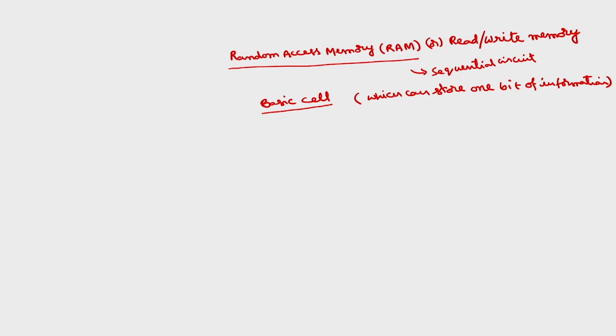So, the 1 bit memory basic cell will consist basically of an SR flip flop. This is R, S, Q, Q bar, and there will be one select signal to select this particular cell, and there will be some output.